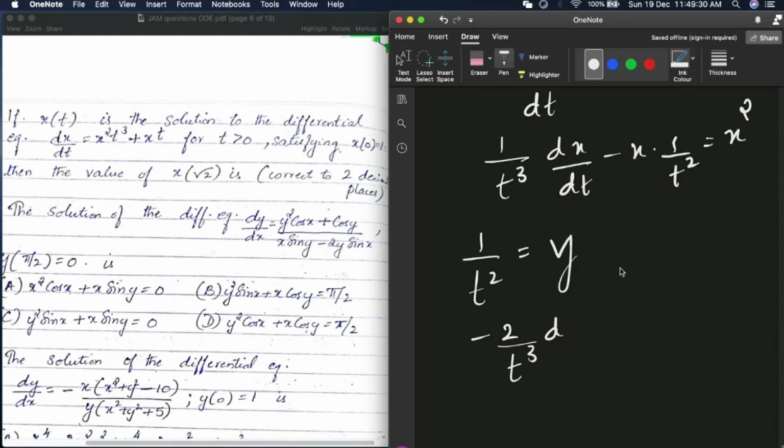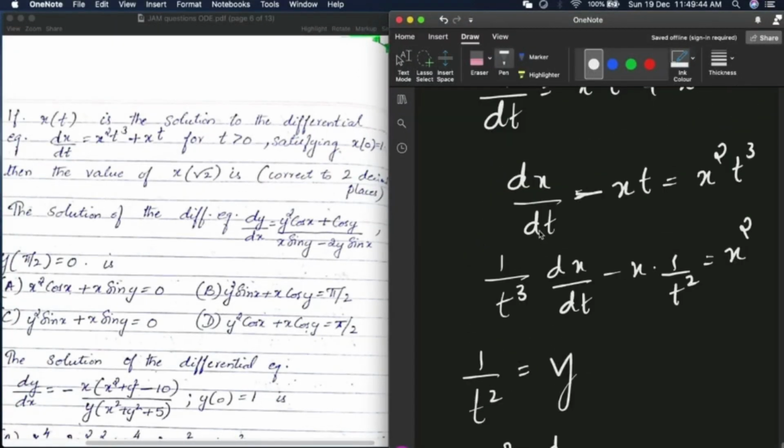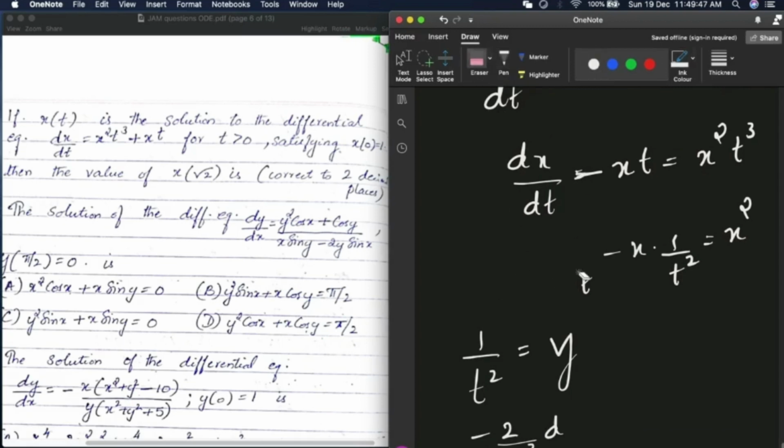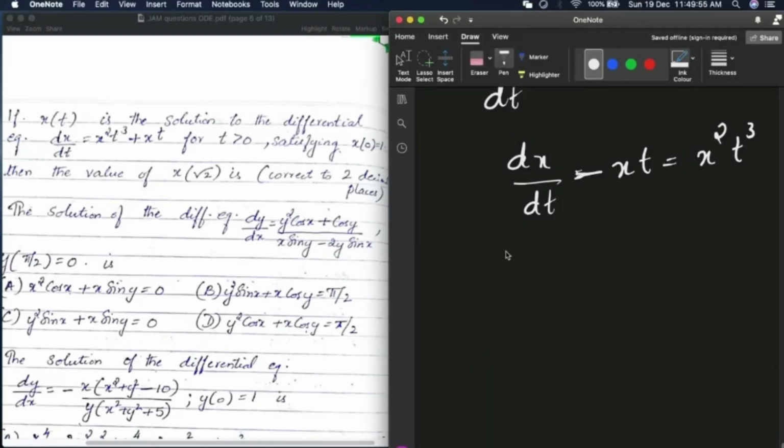It's dx by dt only given, no? So I'll have to multiply the other way. I made a mistake. I have dx by dt here, so I'll have to write 1 by x squared dx by dt. Right, no?